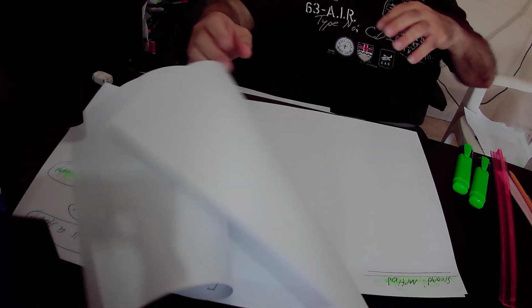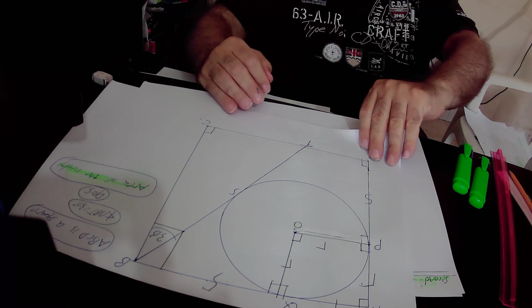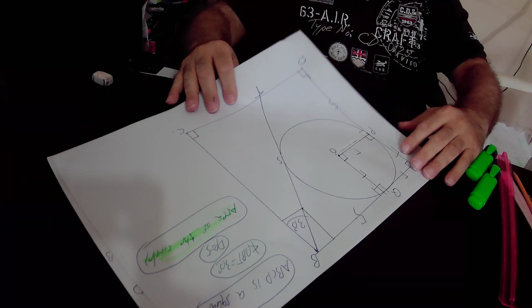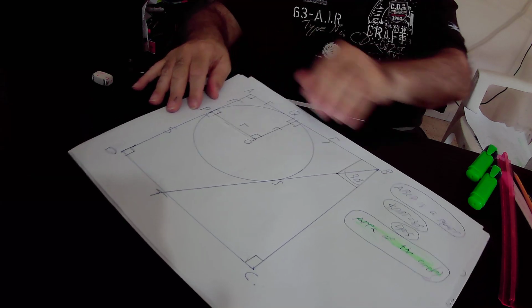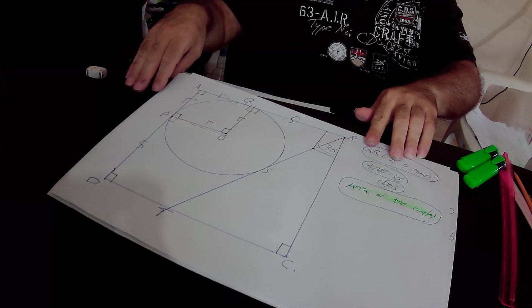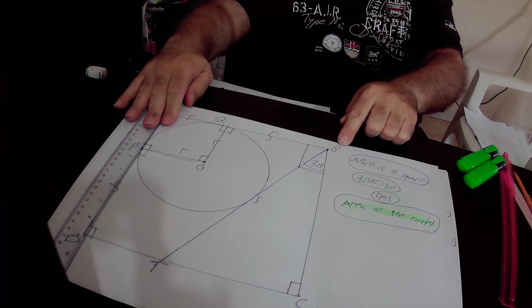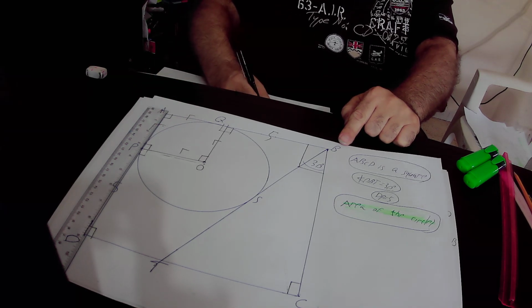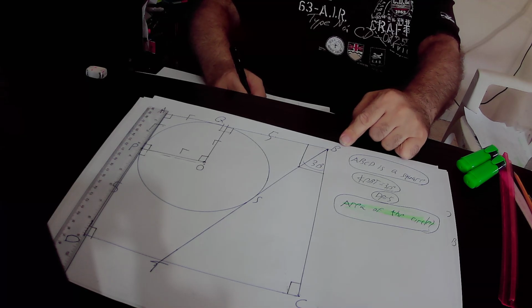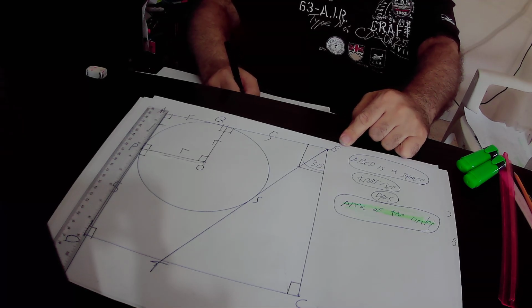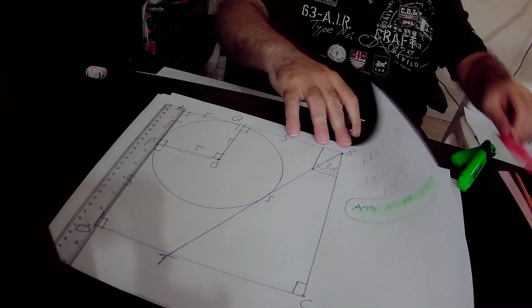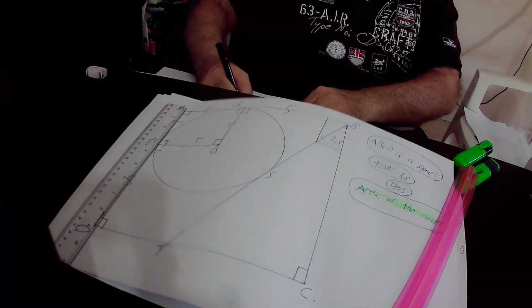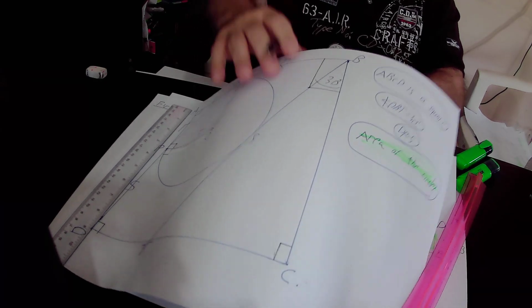We can implement rule number 2 in our drawing. Why? Because in our drawing, we'll focus on the common external point B. From the common external point B, we have two tangents to this circle.